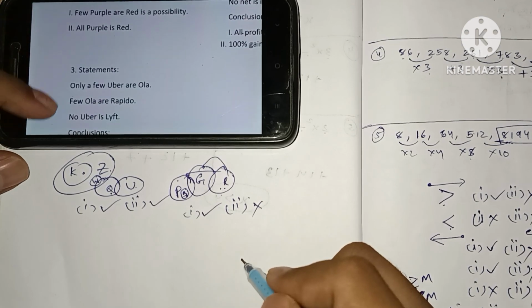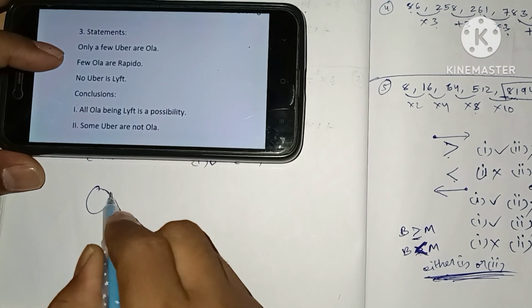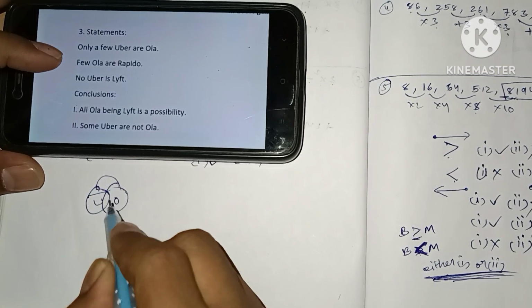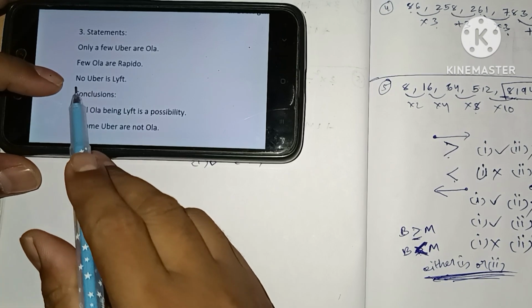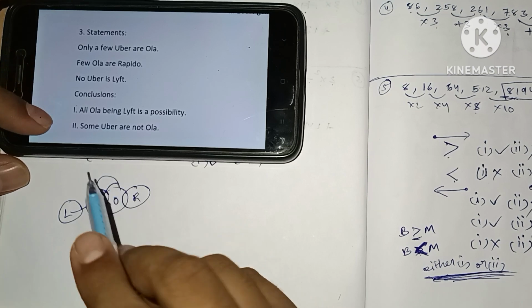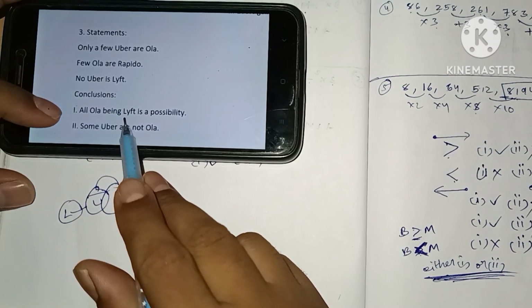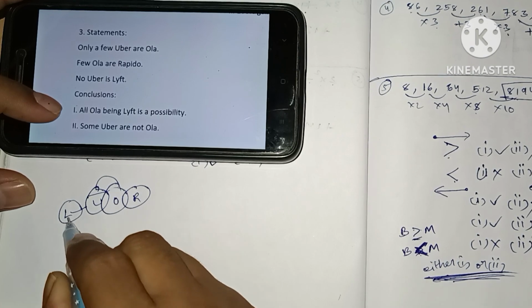Next, third question, only a few Uber are Ola, few Ola are Rapido, no Uber is Lyft. Let's see conclusions. All Ola being Lyft is a possibility. All Ola can be placed inside Lyft.